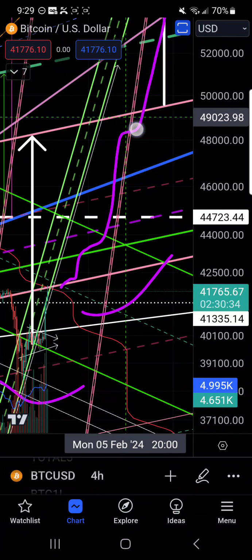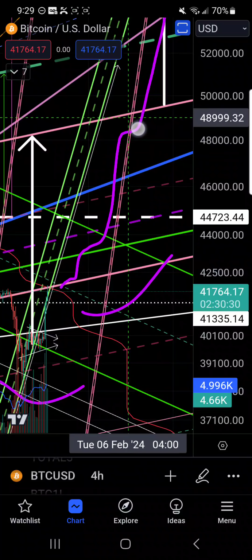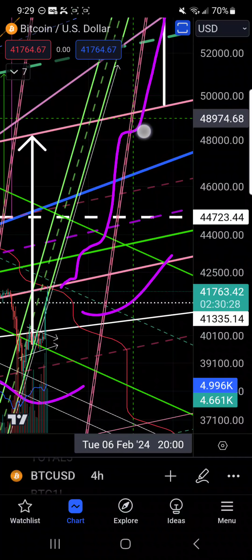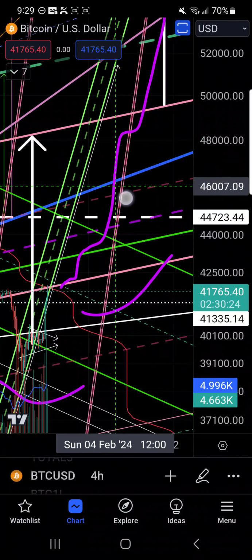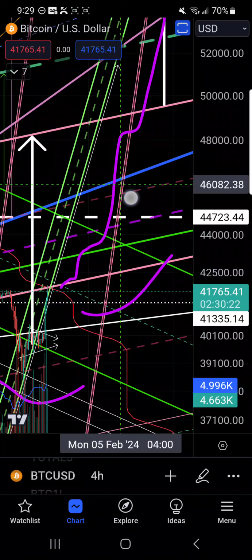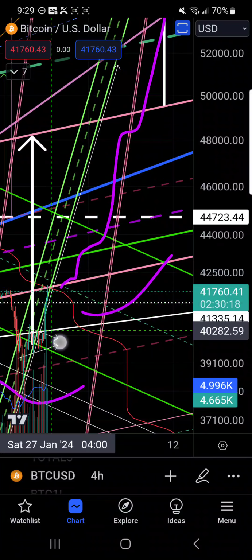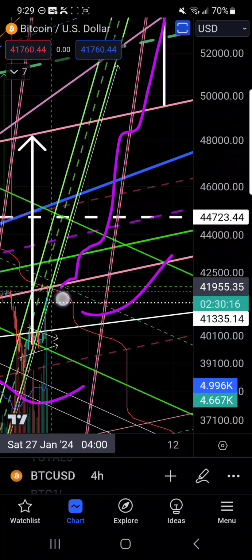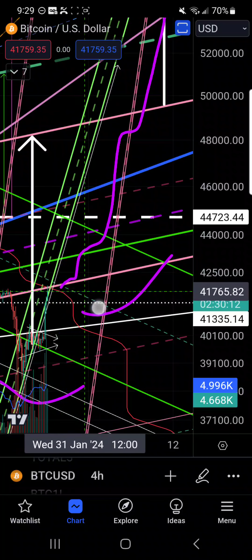Now, okay, so this area here is back up to 48, 49,000 really. This here is around 46,000. But they're slanted lines, so depending on when they hit them. Okay, so currently we are at about 42? Something like that.